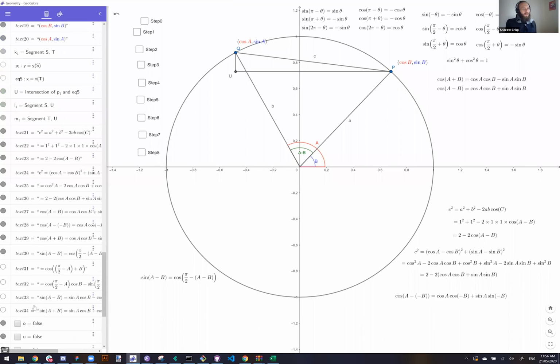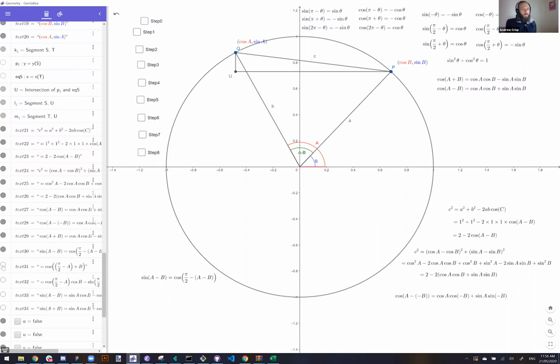Now we're going to do a little bit of re-bracketing here. Notice that I'm subtracting something, and I just expand the brackets. But what this gives me is cos of this thing, (pi over 2 minus A) plus B. And we're going to be able to use this identity, except instead of capital A, it's pi over 2 minus A. This says cos of blob 1 plus blob 2 is this thing.